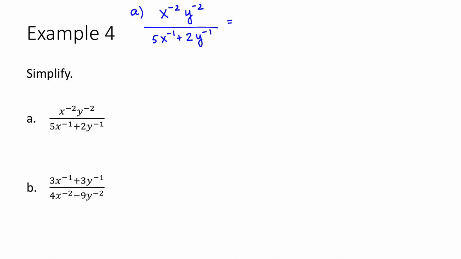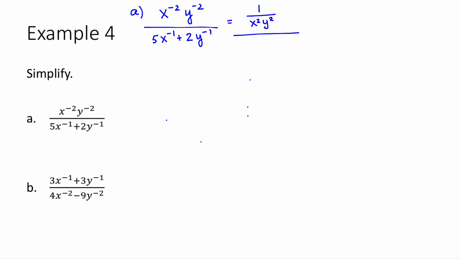So just like the other problem, I'm going to rewrite these without negative exponents. So in the numerator, I get 1 over x squared y squared, because there's only one term there, so they can go to the denominator together.